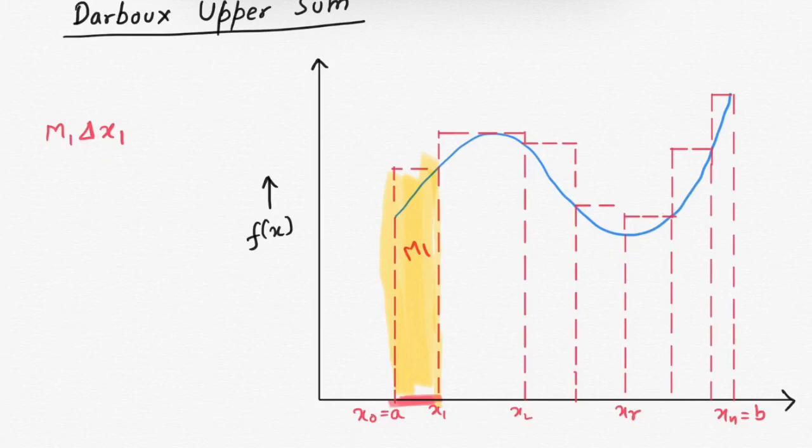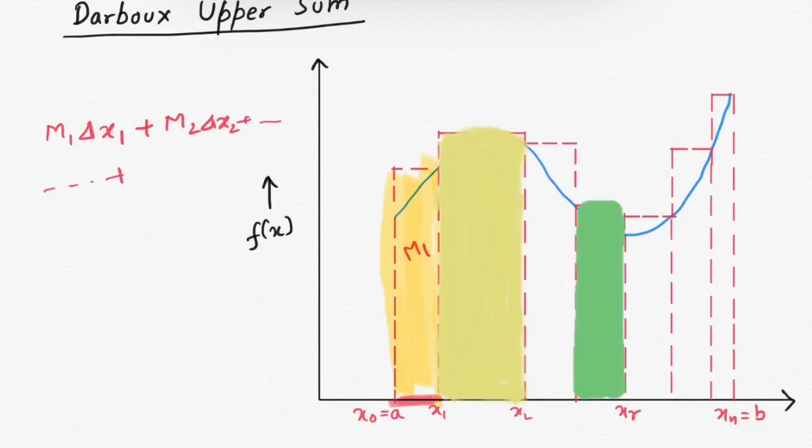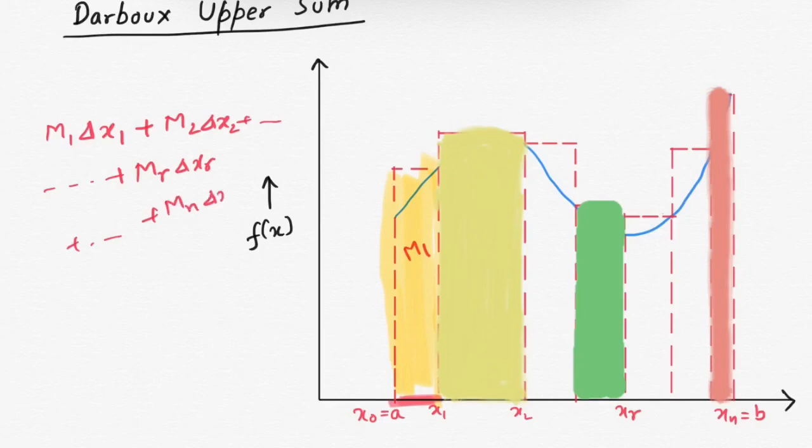Similarly, the area of the second rectangle will be m2 delta x2, and similarly the area of the rth rectangle will be mr delta xr, and the area of the nth rectangle will be mn delta xn.